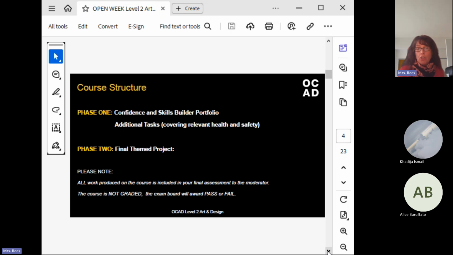So we've got the course structure, and basically we work through 2 phases for the entire course. Phase 1 is what we call the Confidence and Skills Builder portfolio. There's a whole range of tasks there, and it's called the Confidence and Skills Builder because we are building your skills, your knowledge, your understanding through that phase.